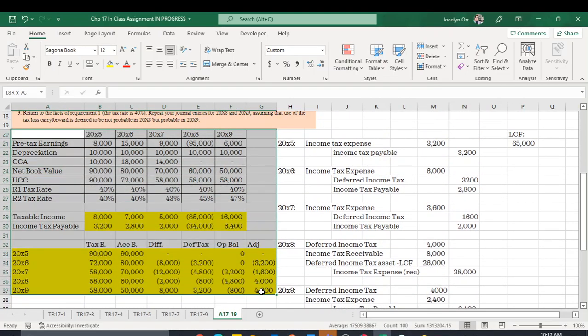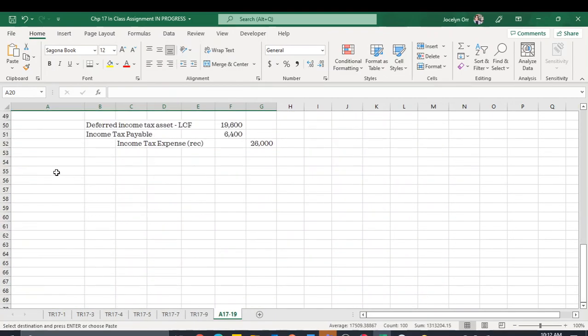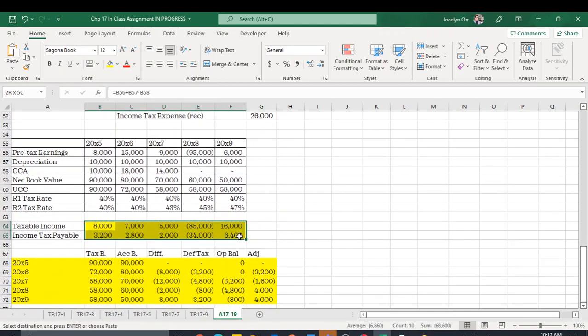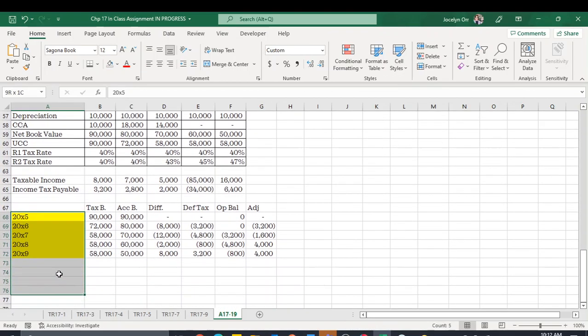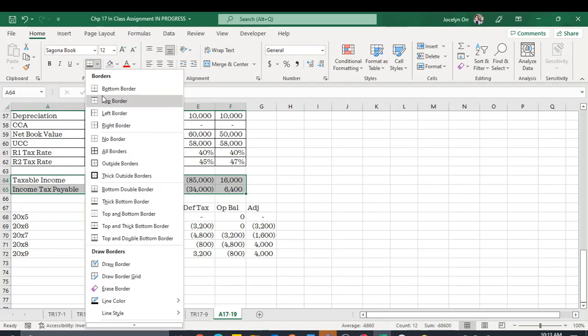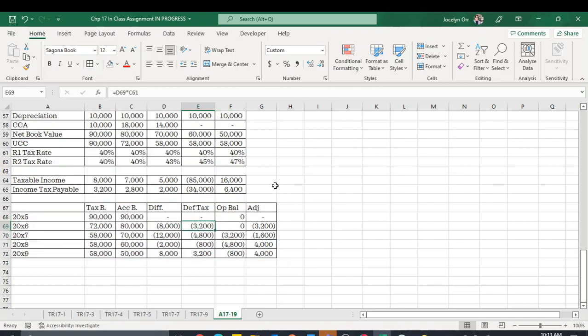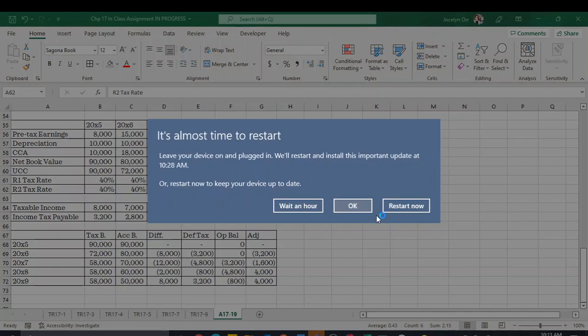To start with, I'm actually going to borrow all of this, pull it down here, and just save a little bit of work for us when we are making these adjustments. Okay, so all of this data is based off of these tax rates, and we need to adjust it for these tax rates.